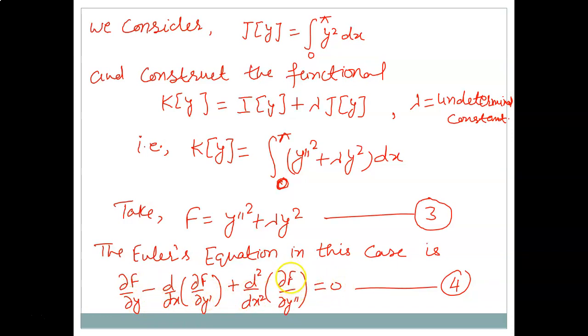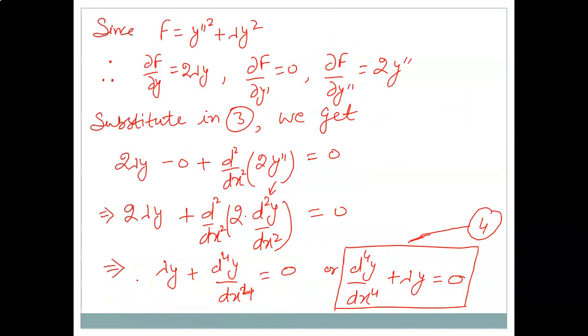Means you have to compute all values of partial f over partial y, partial f over partial y dash, and partial f over partial y double dash. So we simplify this. Since f is this, the partial derivative with respect to y, the partial derivative of f with respect to y dash, and the partial derivative of f with respect to y double dash are this. Now substituting all these values in the Euler equation, the Euler equation reduces to this form.